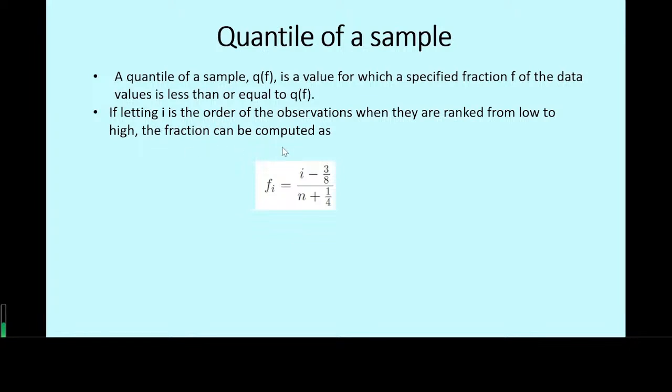And the fraction can be calculated as i minus 3/8 divided by n plus 1/4. So this f i number for each observation is between 0 and 1. And this number also increases with the i number, right?